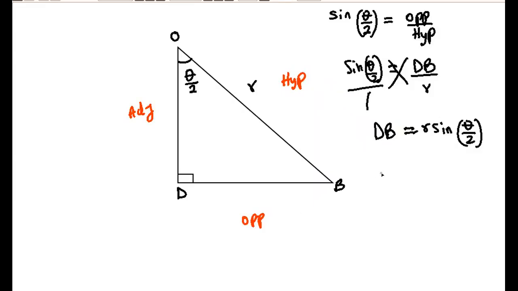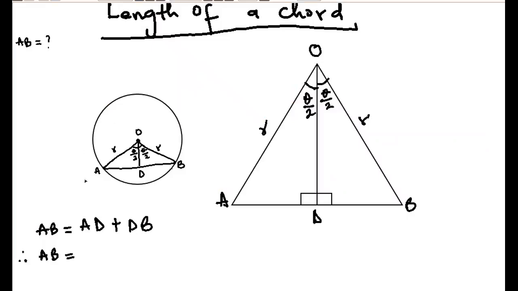So what is DB? DB is R sine theta over 2. So I can write here R sine theta over 2, since they are the same thing, plus DB itself, which is still R sine theta over 2.